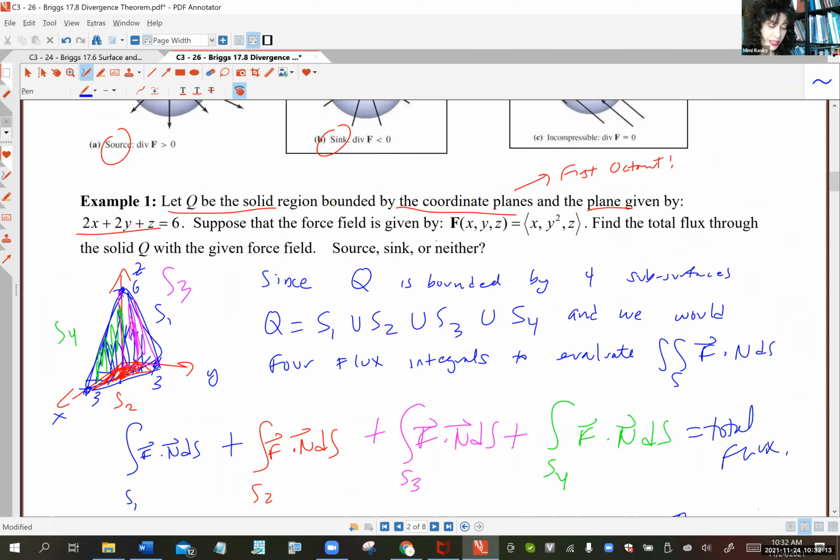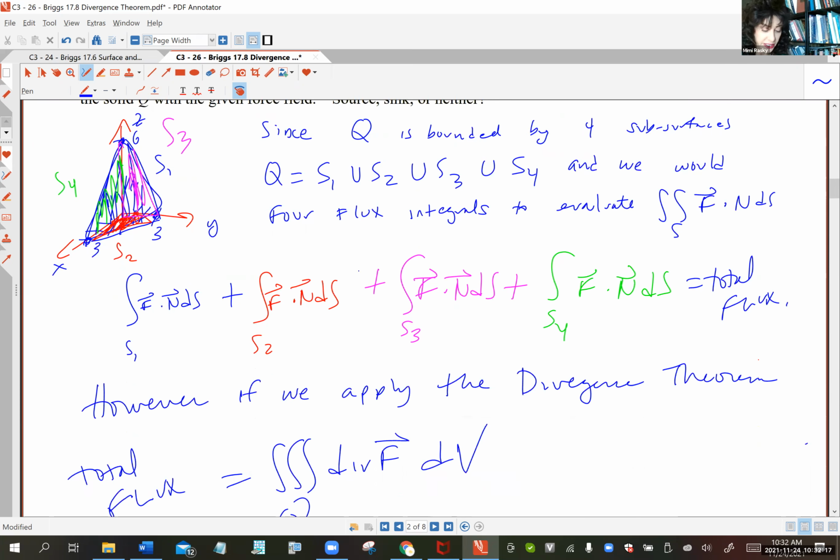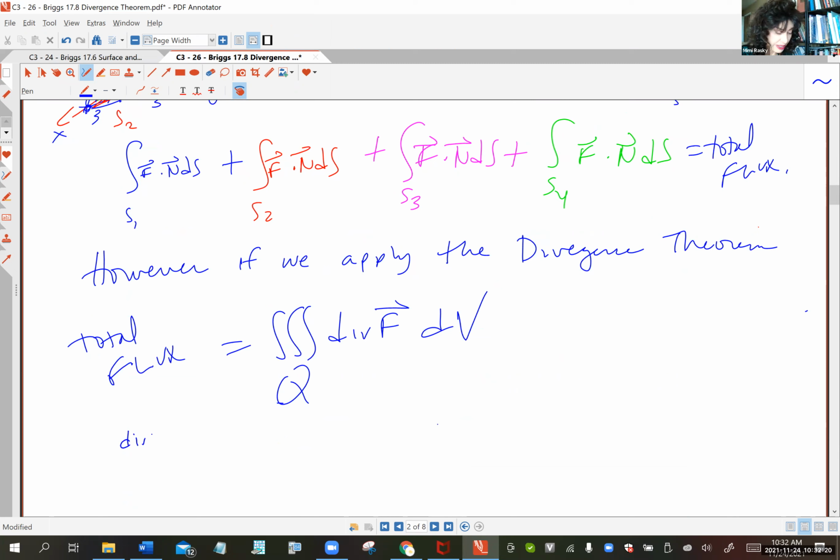What's the vector field? Well, they gave it to us right there. Got components x, y squared, and z. So let's first calculate the divergence of F. We know that that's going to be the sum of three partials, dM/dx plus dN/dy plus dP/dz. Great. And what is dM/dx?